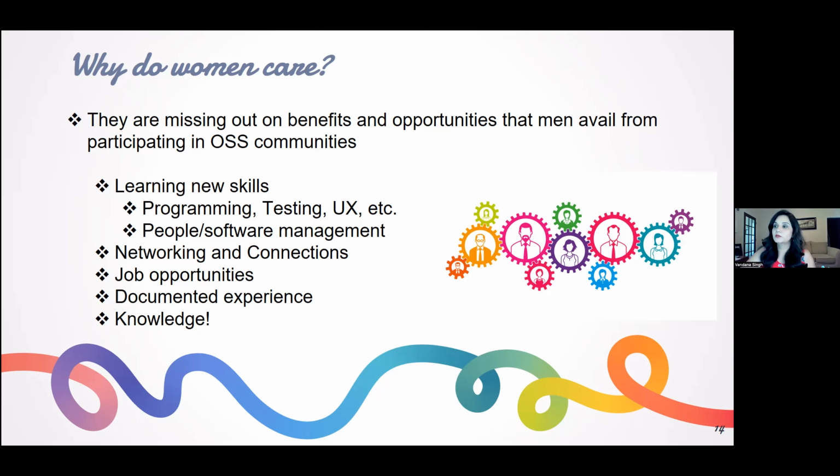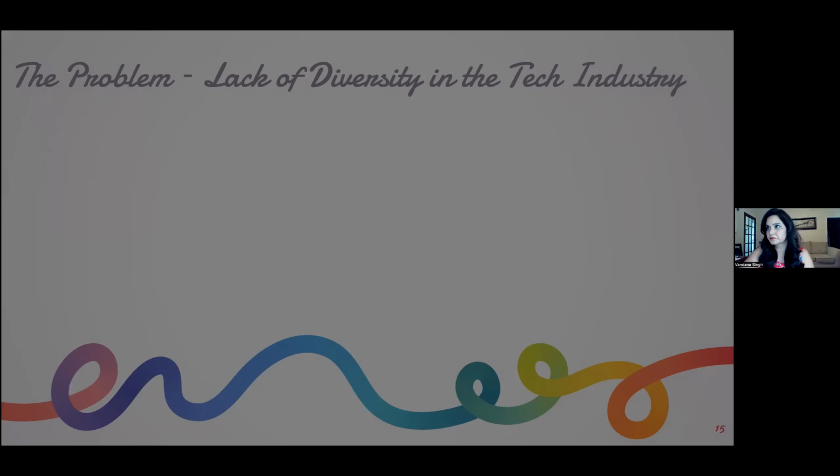They develop networks and connections. They find job opportunities. They have well-documented experience they can put on their CV or resume. We all hear stories of someone developing open source software, getting bought out by a company, and making a lot of money. There are a lot of opportunities afforded by participating in open source software that women are not able to avail. For whatever reason, that number stays at 2 to 3%.